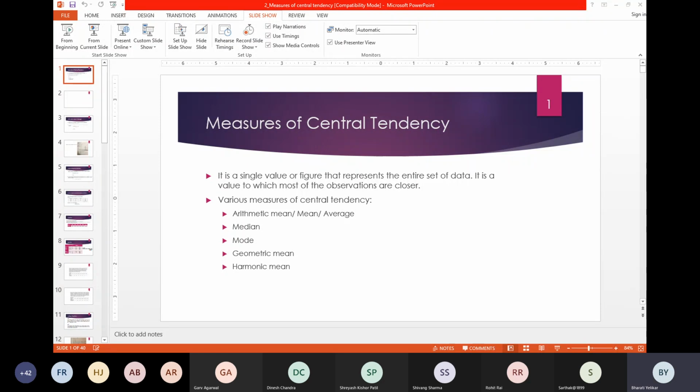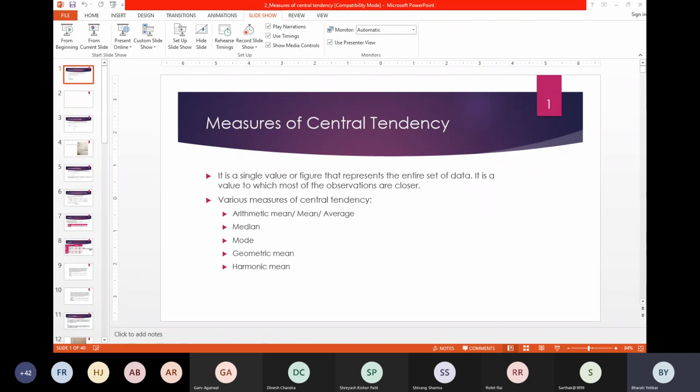So this will be a home assignment for you. I will ask you tomorrow: what are the two ways statistical data is stated? Number one, you write down what is descriptive statistics. Number two, what is inferential statistics?